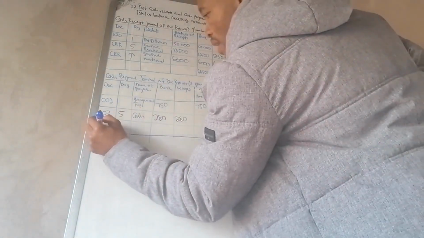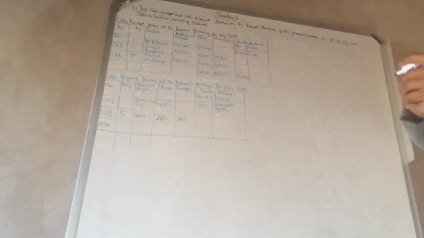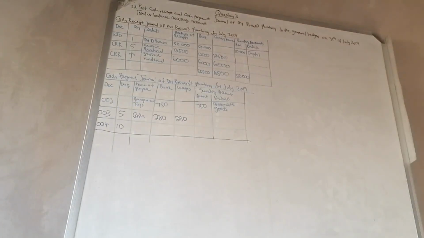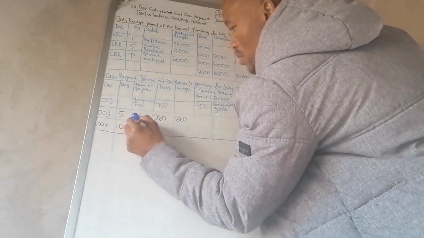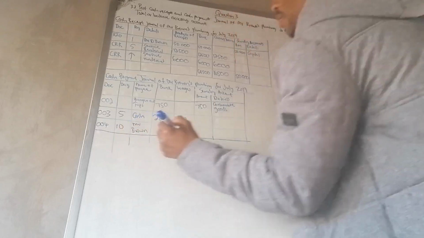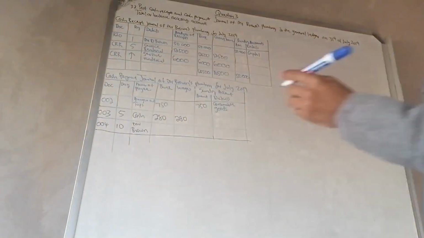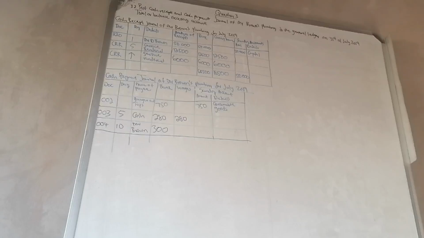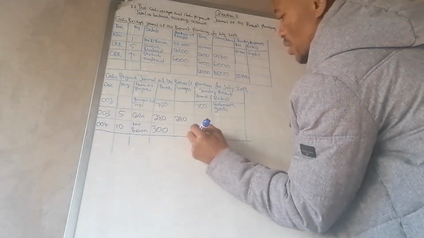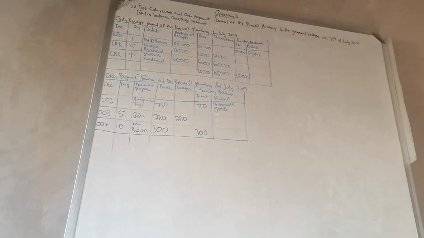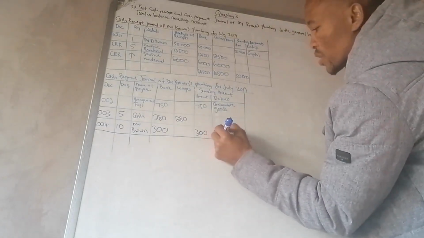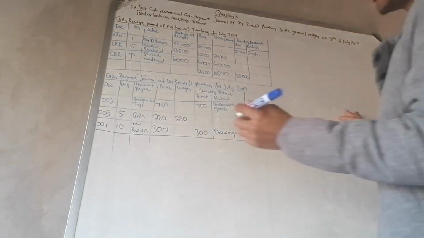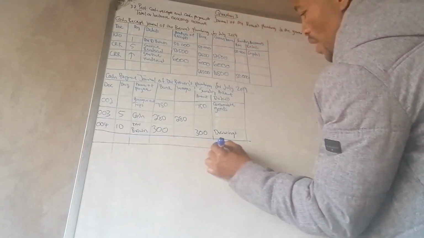And then we have 004, and this was on the 10th. This is Mr. Brown. The amount was 300 rand. The wages not recorded, the amount 300 rand. And then this was for drawings.